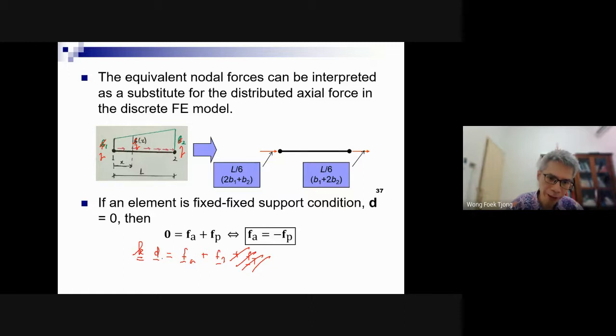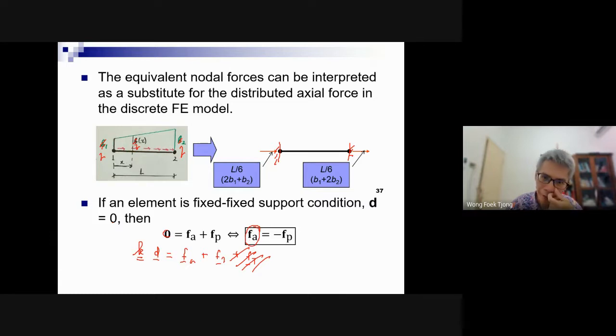And then let's say the bar is fixed like this. In other words, D is equal to 0 because we fix this. D is equal to 0, right? All displacements are 0, so K times 0 is 0. And then from this we get this one.